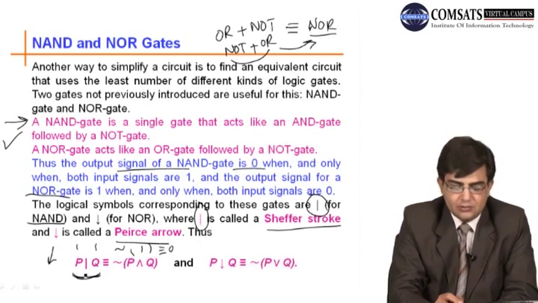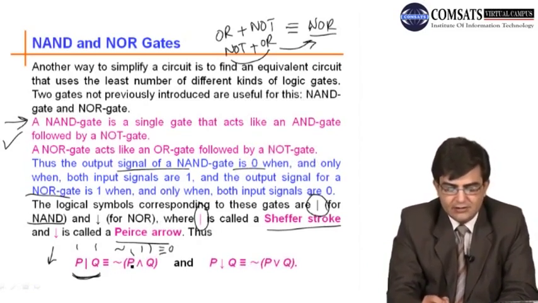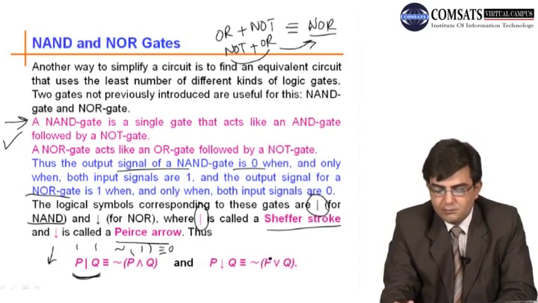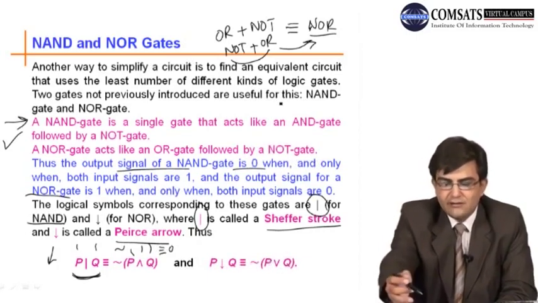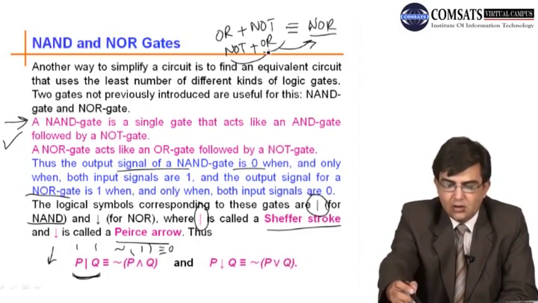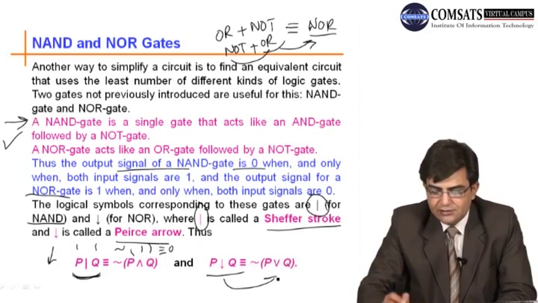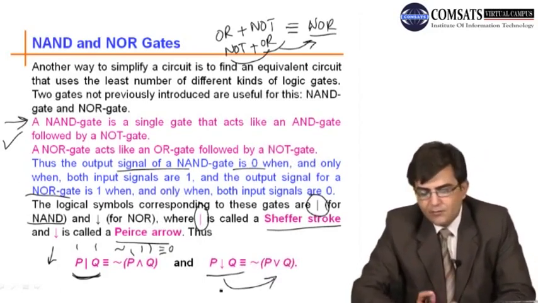We can read it as P Sheffer stroke Q is logically equivalent to not (P and Q), and P Pierce arrow Q is logically equivalent to not (P or Q). As we have discussed here, this NOR gate is basically an OR gate followed by a NOT gate, so this is logically equivalent to this by the definition.